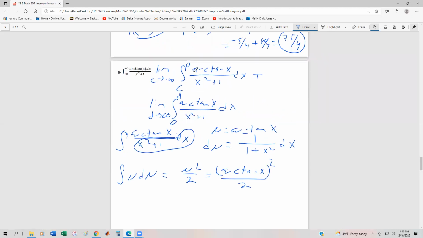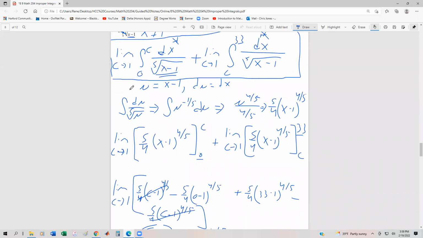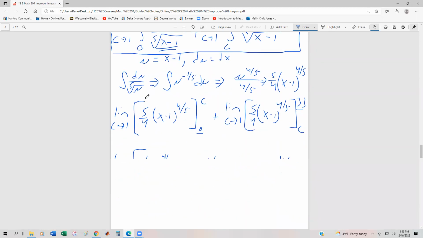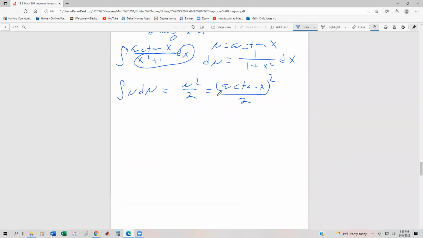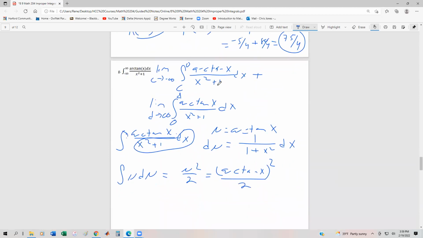And now I could substitute that back in with our limits of integration, just like we did in the previous problem. Remember, we just pulled it off to the side once we broke it up.